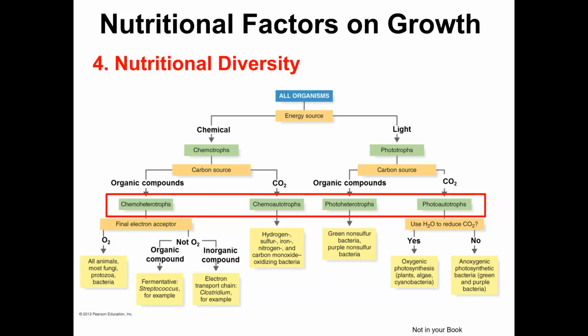So if the dichotomous key doesn't work for you, there's another way I was taught that I also like to kind of piece this together. All right, so here's the game. Two categories, right? Energy source, carbon source.